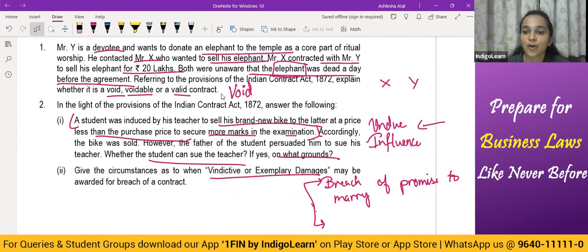And the second is wrongful dishonor of cheque. So these are the situations when vindictive or exemplary damages can be claimed. Let's move on to the next question.